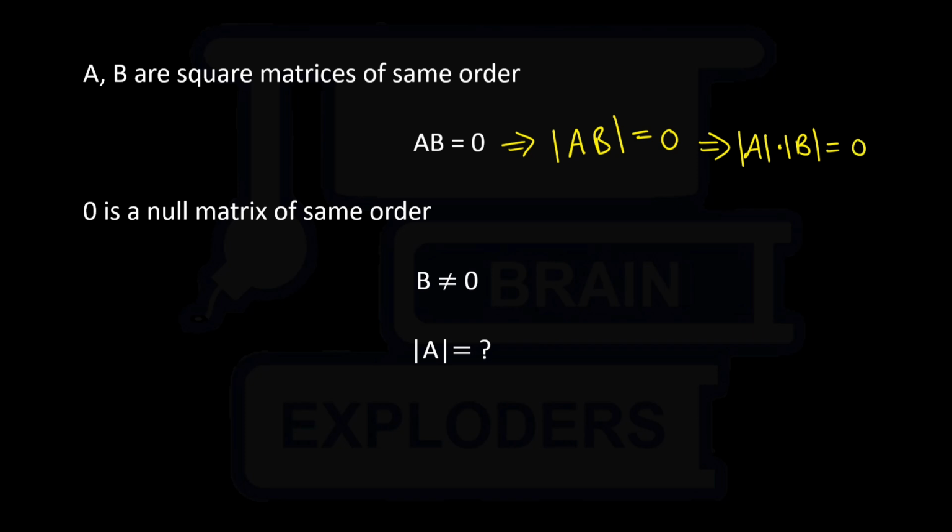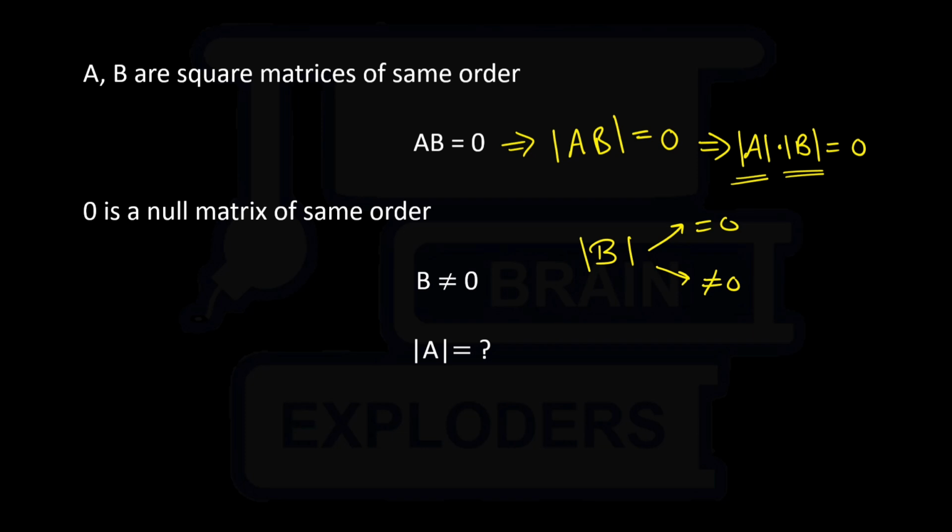But even since B is not a null matrix, it doesn't mean that the determinant of B is not 0. So it may be equal to 0, it may not be equal to 0. So we cannot claim that the determinant of B is not 0, and we cannot say that the determinant of A is 0, right?